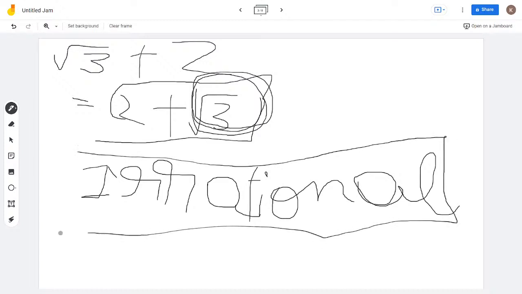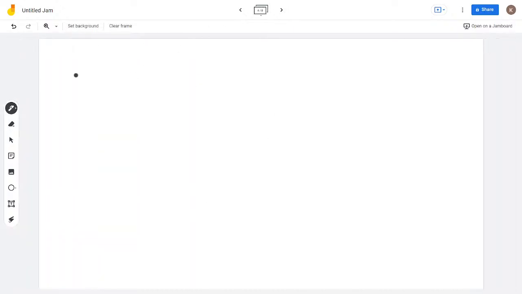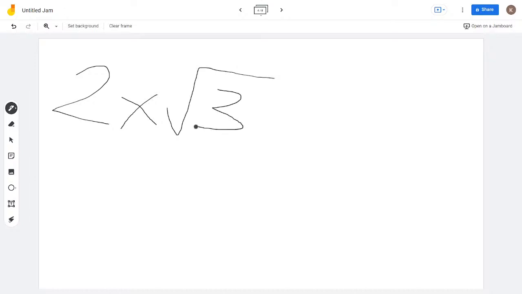Similarly, we can see an example of multiplication also. If we multiply a rational number with an irrational number, the rational number is 2, the irrational number is root 3. If we are multiplying these numbers, we will get 2 root 3, right?